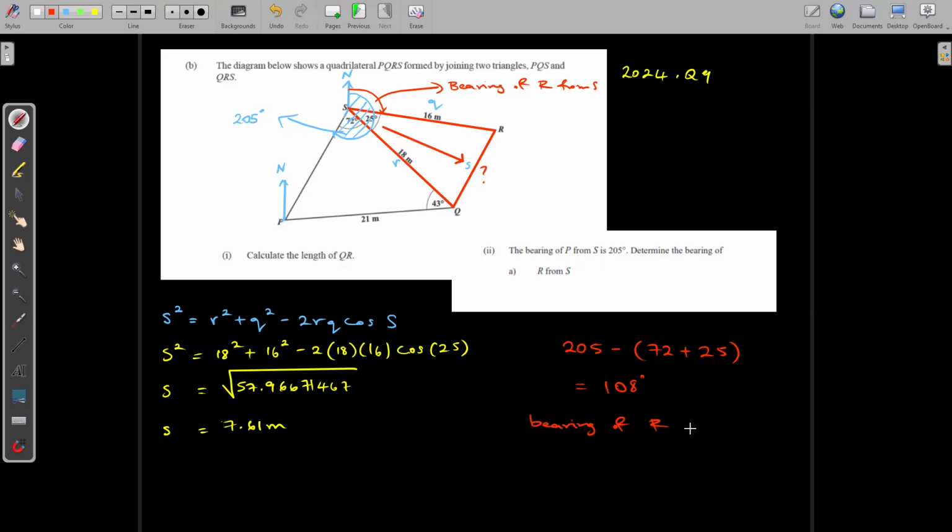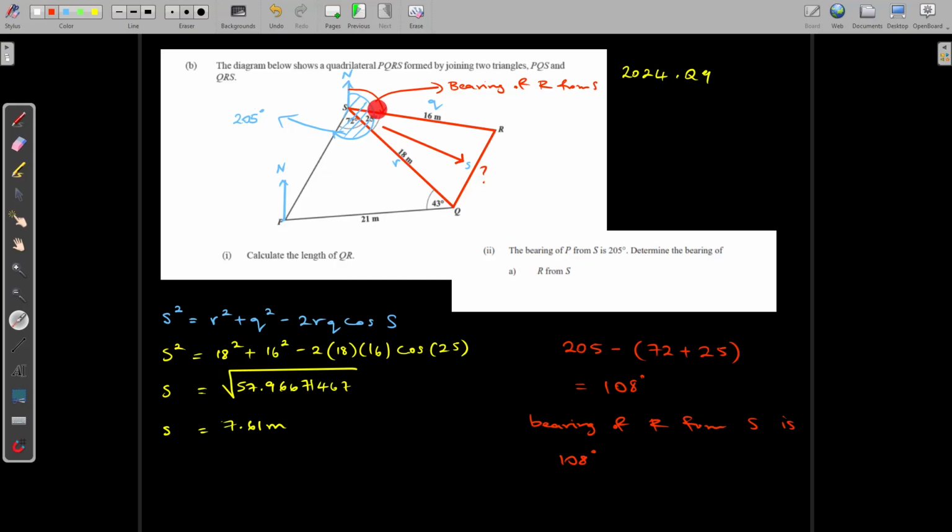So I can explain the 205 again. They told us that the bearing of P from S is 205. So all of this around here is 205. But we know two pieces of this already. We know the 72 here and the 25 here. To get the bearing of R from S, remember, if we're starting at S, we have to move in a clockwise direction until we get to the line that connects both points.